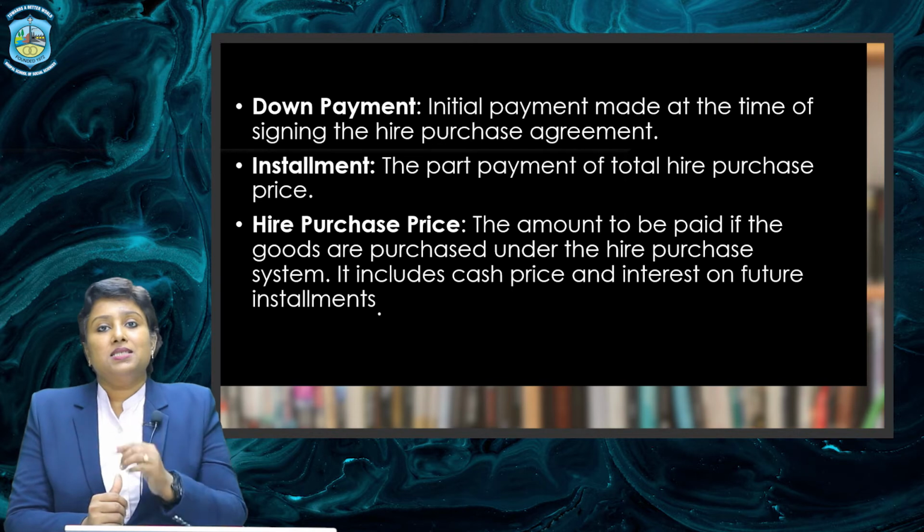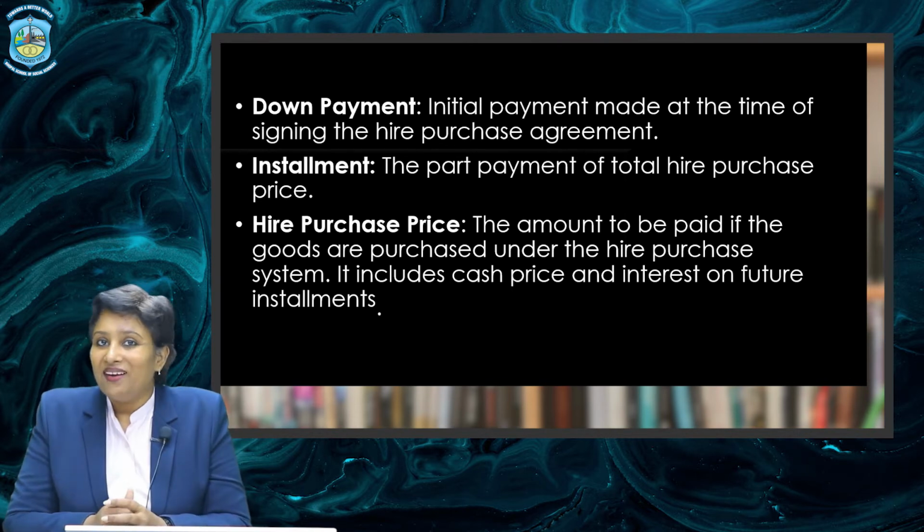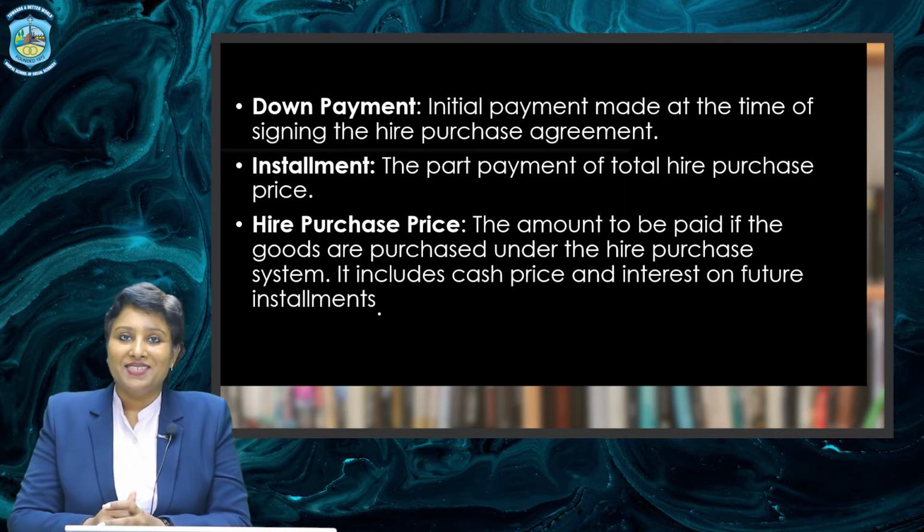Always remember that interest will be calculated on the outstanding amount in the beginning of the year. It is always the rule of valuation of interest which we have studied from all our previous classes. Well, the last term which you will come across is the hire purchase price, and I think we have discussed this hire purchase price quite in detail.